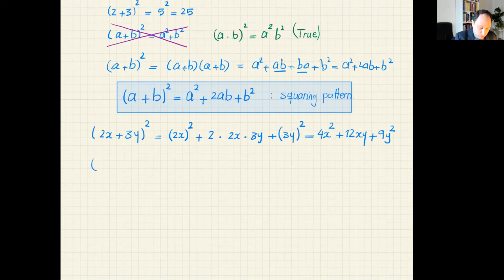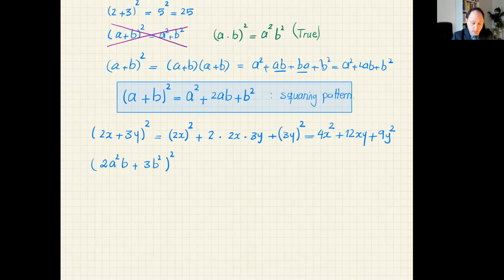So what can I do with, for example, 2a squared b plus 3b squared, and I want to raise it to power 2. Again, you need to know when to use it, okay? Of course, here I am teaching a squaring pattern, so any example that I am giving now is related to this pattern. This is not good.